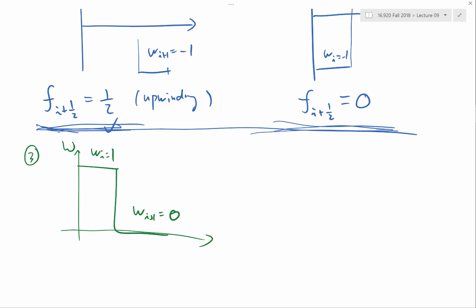Yes, the discontinuity is moving towards the right because delta F over delta W is actually equal to what? It's equal to half, right? So the speed of the shock is going to move it towards the right.